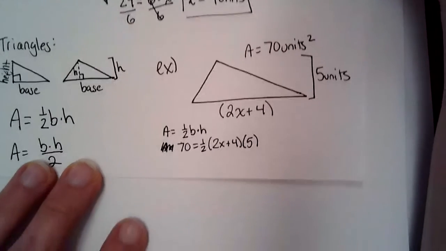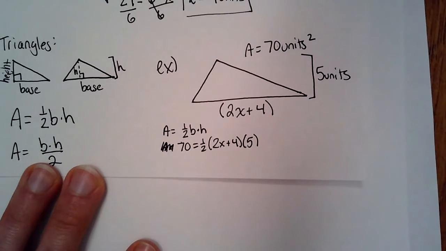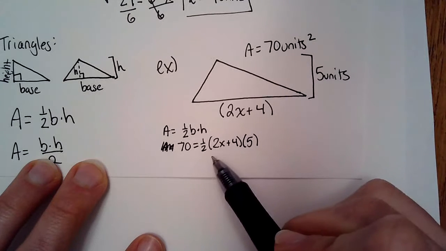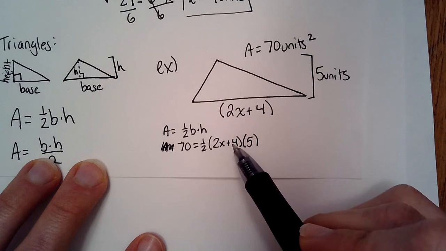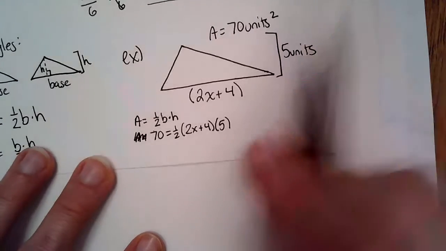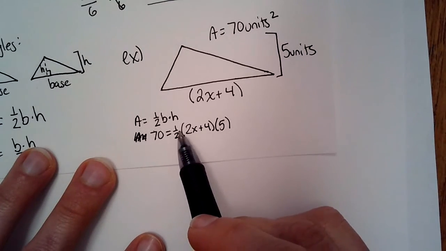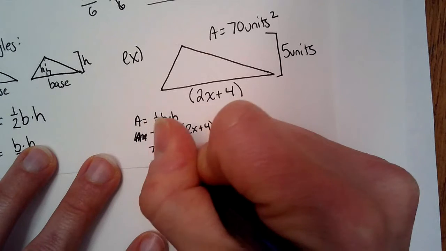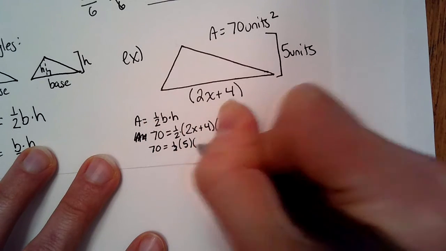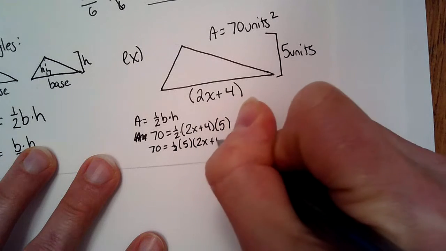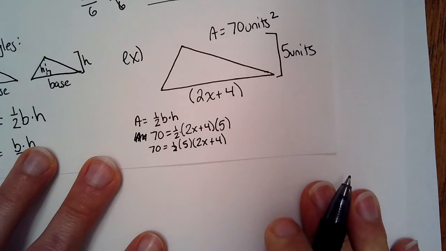And so now I just have to think kind of carefully about how I'm going to solve this. Remember that with multiplication, order doesn't matter, but this plus in here is going to really cause me trouble if I'm not careful. So I'm actually going to rewrite this, and I'm going to reorder the multiplication. So I'm going to do 70 = 1/2 × 5 × (2x + 4).